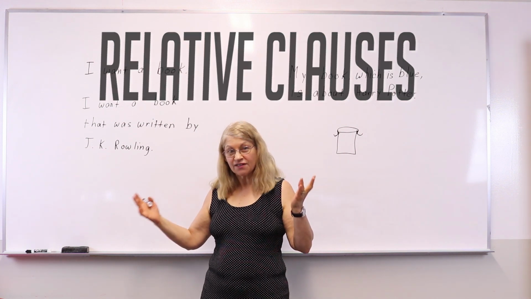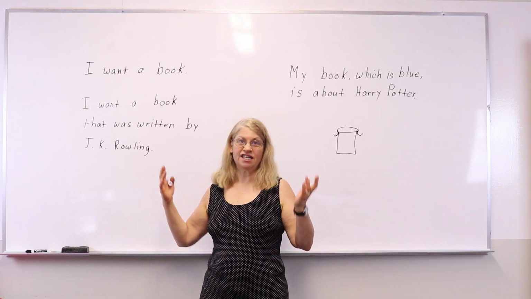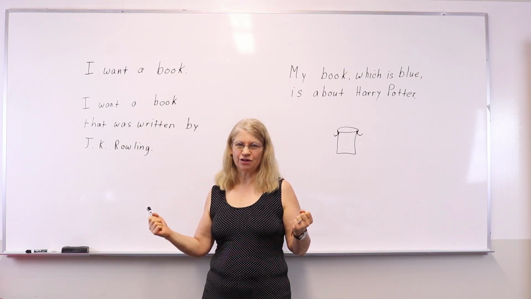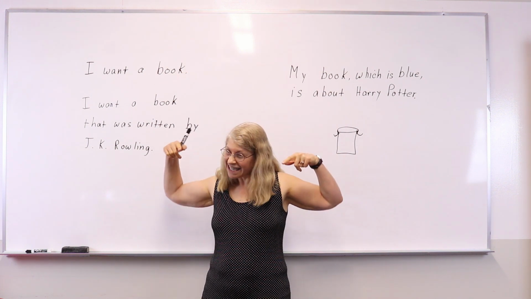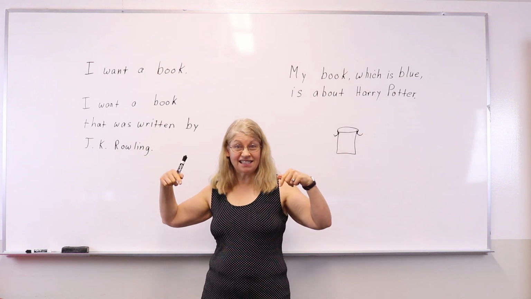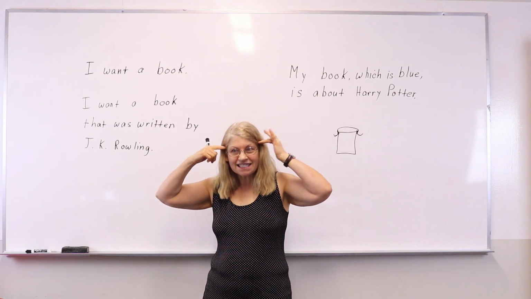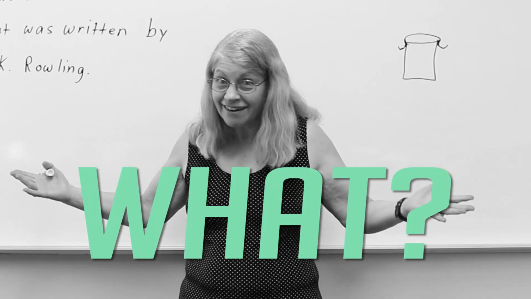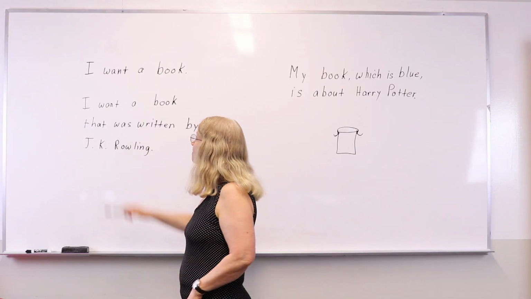Now, we have a way that we identify relative clauses. Different types of relative clauses function in different ways. Some are absolutely essential, which means we have to keep them inside the sentence so the sentence makes sense. And nobody says, what? So let's look here.